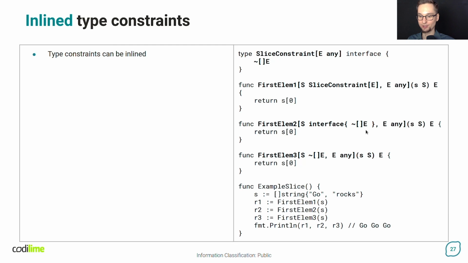Also, in such cases, this keyword interface can be omitted. So this is basically an equal signature. And below we can see that those functions are basically functionally the same. Their usage is the same.